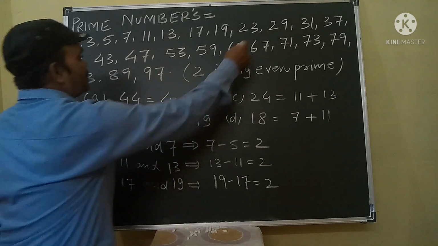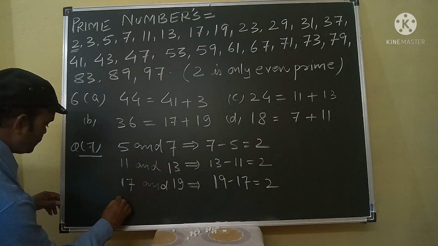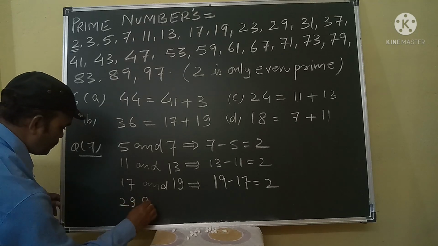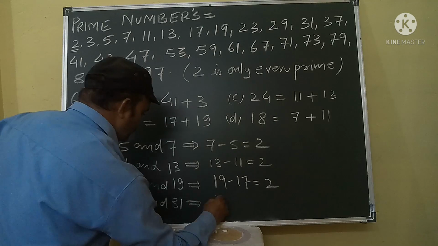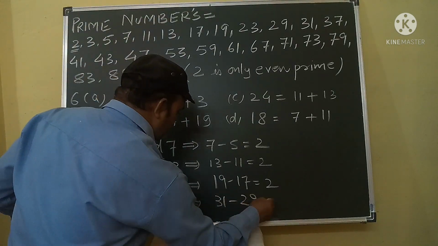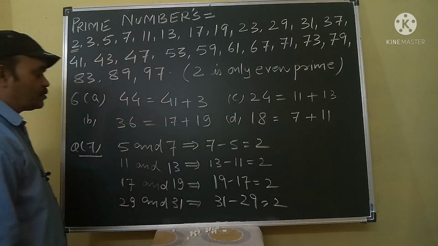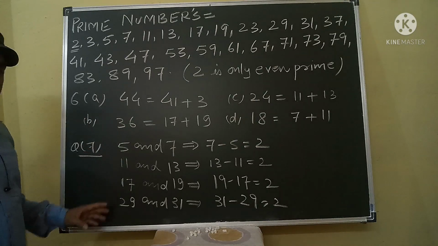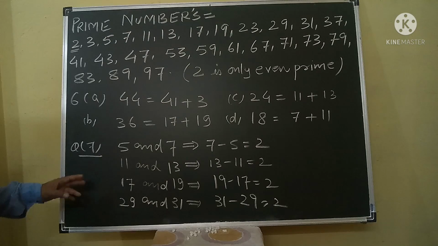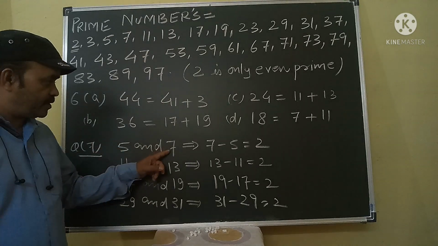Other pairs are 29 and 31. 31 minus 29 is equal to 2. Okay. So my dear student, as you are looking, the first pair is 5 and 7.